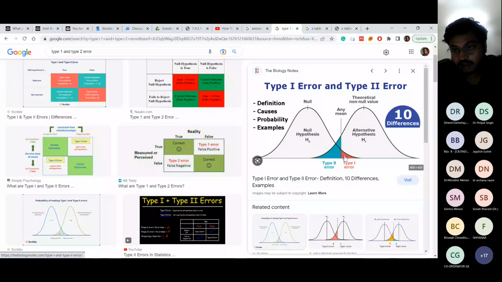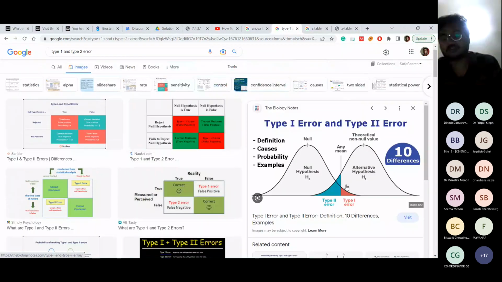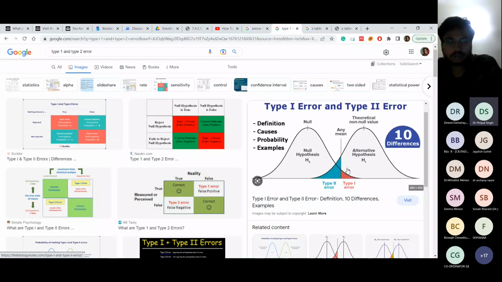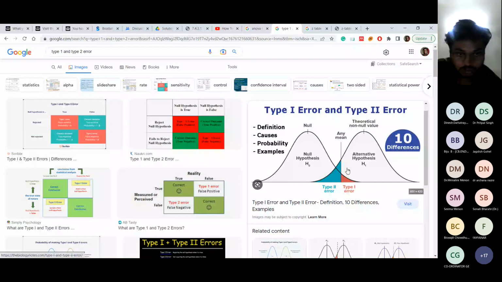The part here highlighted in red is the type 1 error, which is like your alternate hypothesis is... Your null hypothesis is false, but you are not rejecting it.